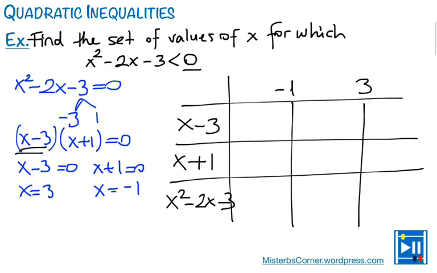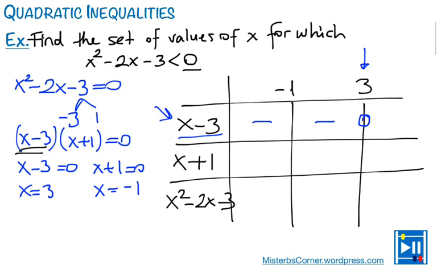Now, I am going to fill in this table with signs. What happens is that x minus 3 becomes 0 when you substitute 3 here. So smaller values of x will give me negative values when I substitute here. For example, if you substitute 0, it's 0 minus 3, which is negative.